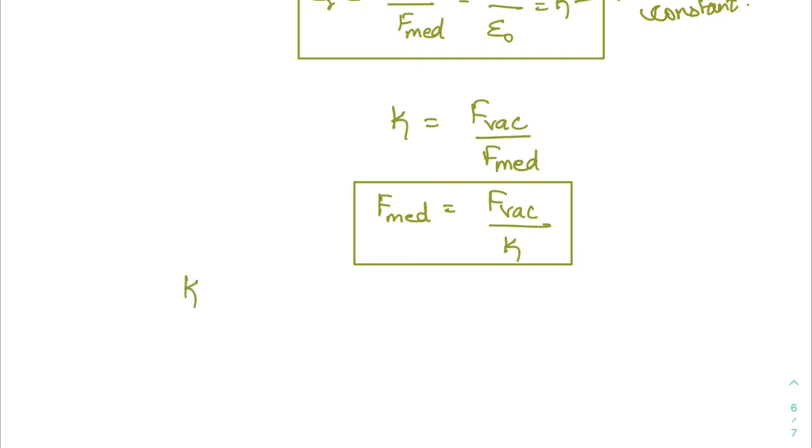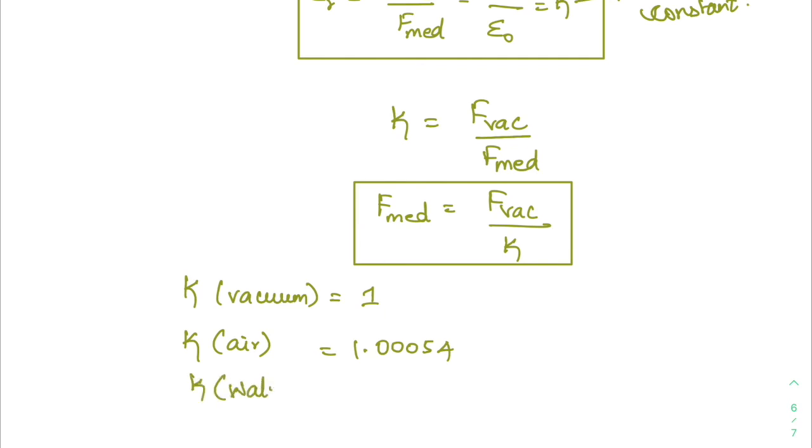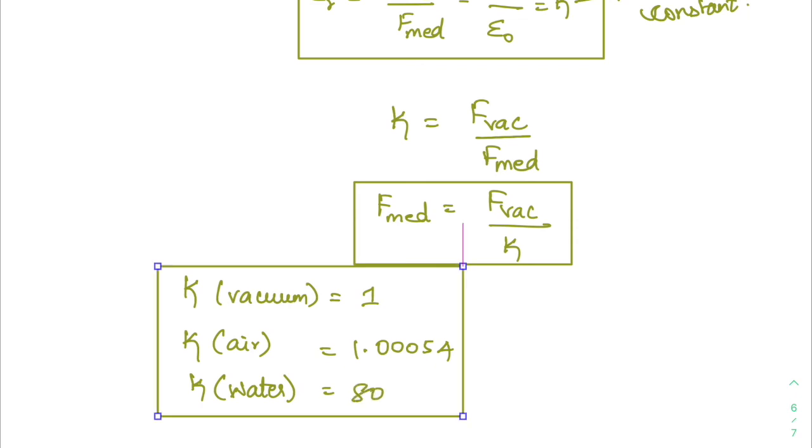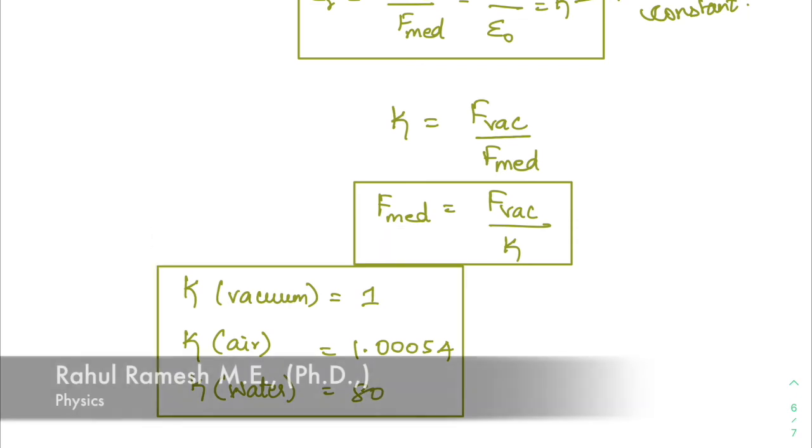For example, the dielectric constant of vacuum is always 1. The dielectric constant of air is slightly more than 1. The dielectric constant of water is 80. These are some of the dielectric constant values which we have to know.